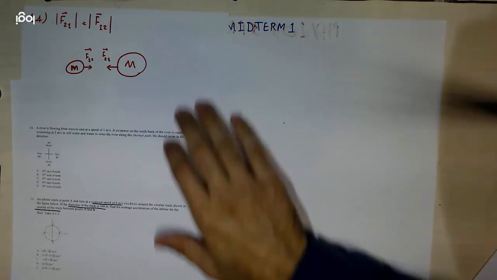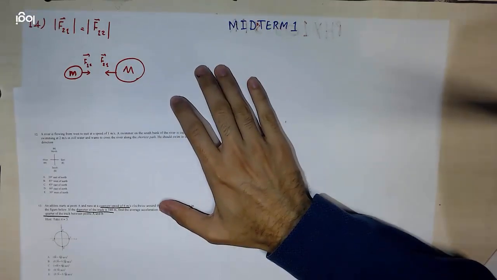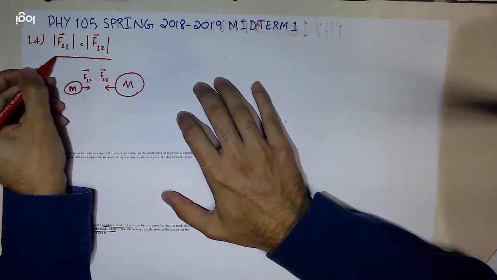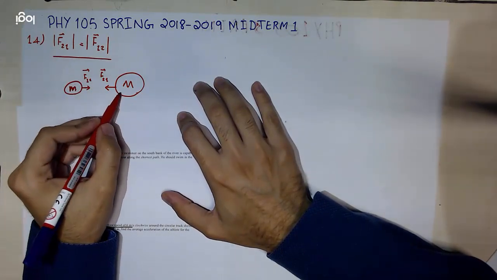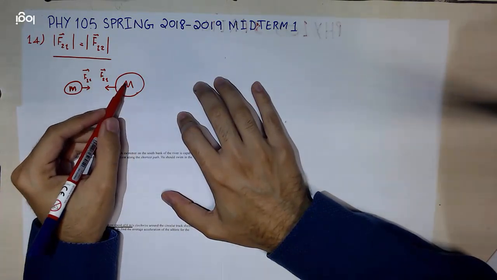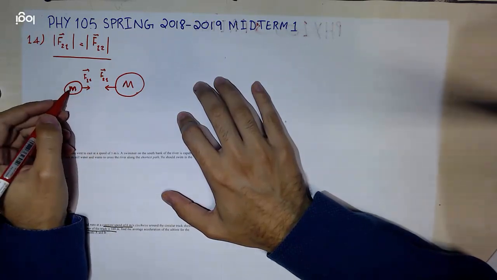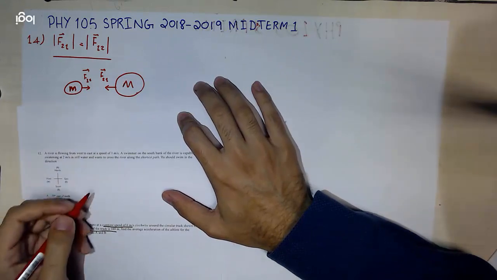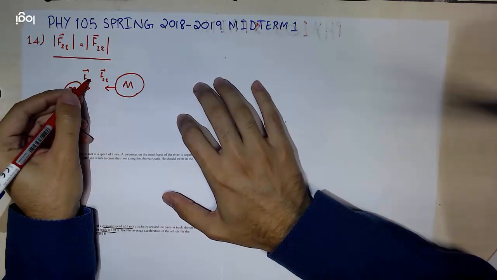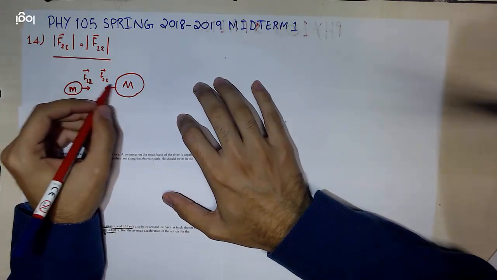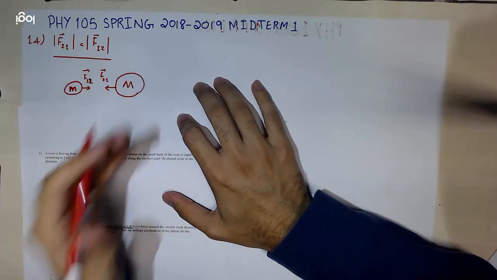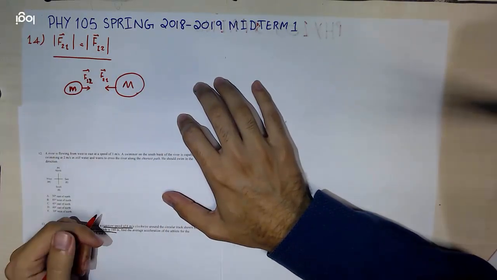Okay, let's talk about action and reaction in Newton's third law. Say there is a mass m which acts on another mass, also small m. What's the relation between the forces acting on each of the masses?